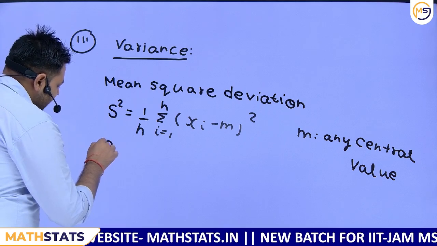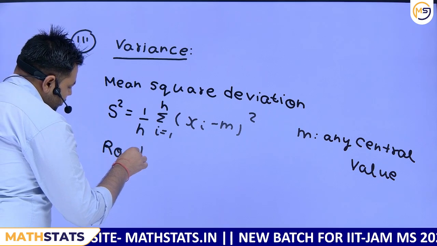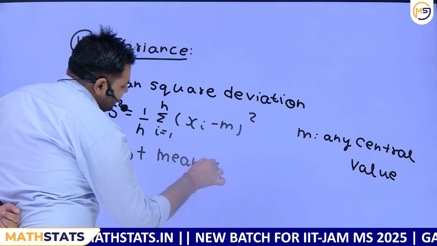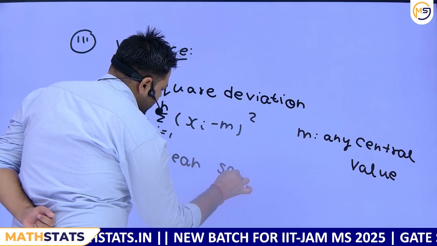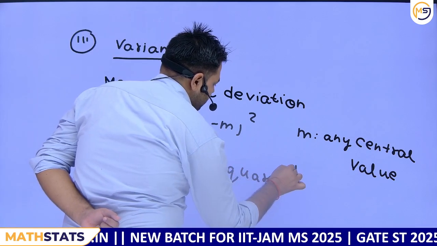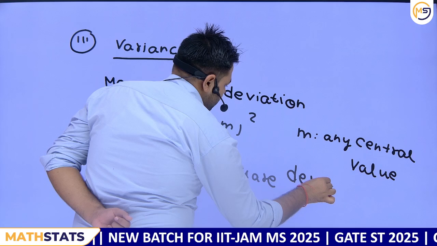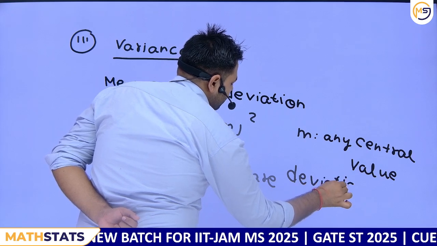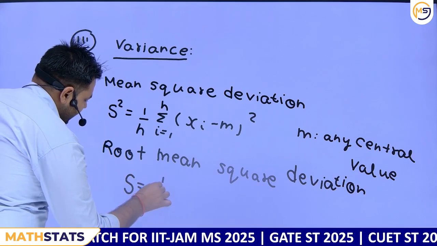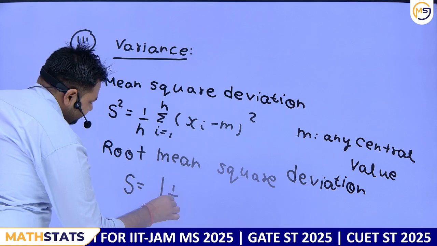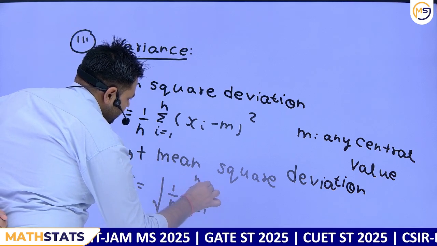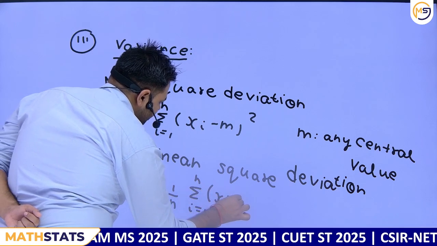Now root mean square deviation. Root mean square deviation s is equal to under root 1 by n summation i equal to 1 to n, xi minus m whole square.